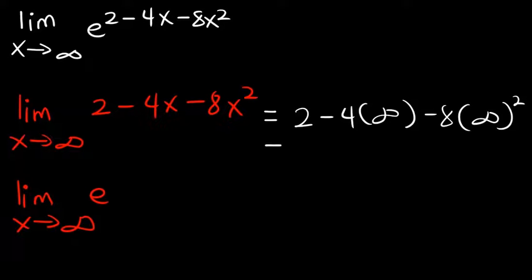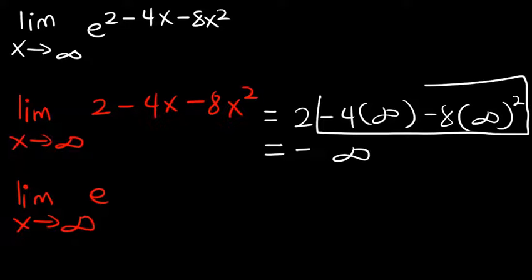You see that our answer is going to be negative infinity, because subtracting this very large value from 2 is just going to give us a negative value. So at the end our answer will just be negative infinity.